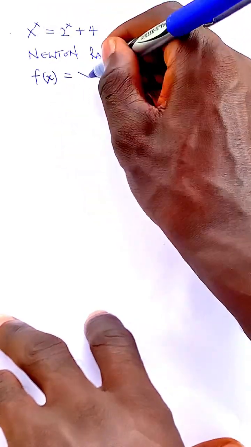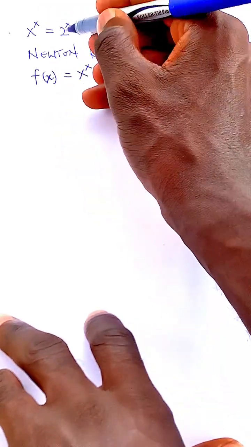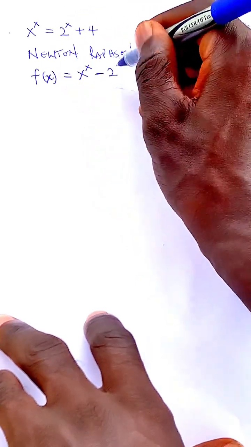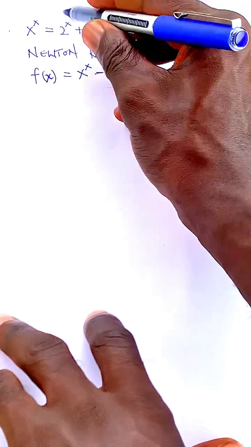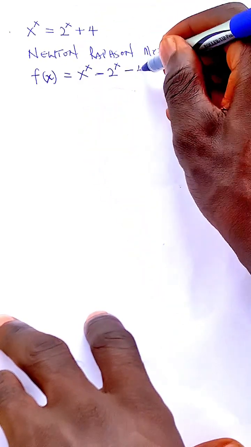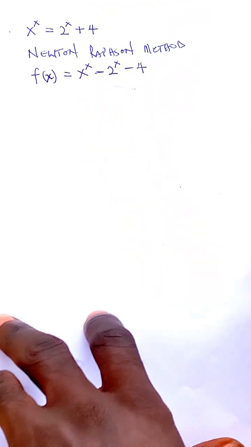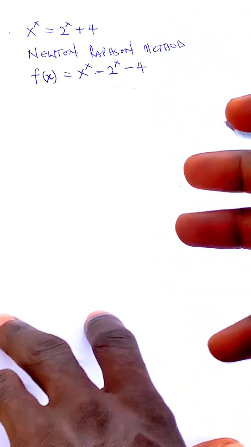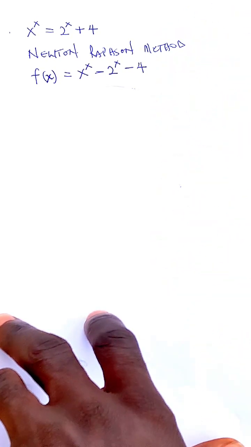Here is x to the power of x, then move this one to this side, it is minus 2 to the power of x. Then move the 4, it will be minus 4. Now we are working on this method like this.